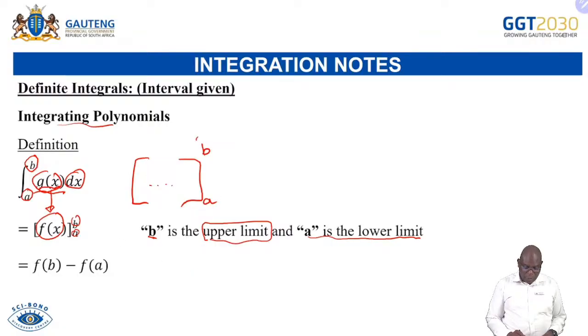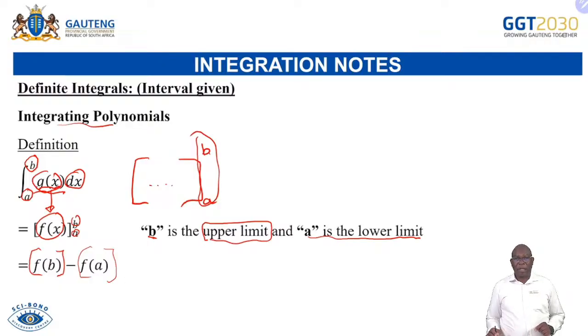Then how do I work out this upper limit and the lower limit? Then I must now have two brackets there, and I subtract. So I subtract the lower limit from the upper limit. So it will be the upper limit subtract the lower limit. So in this case, you can see f of b is the upper limit, and we subtract the lower limit.